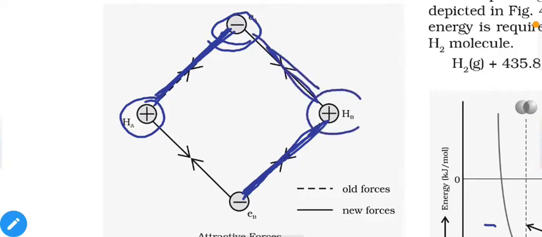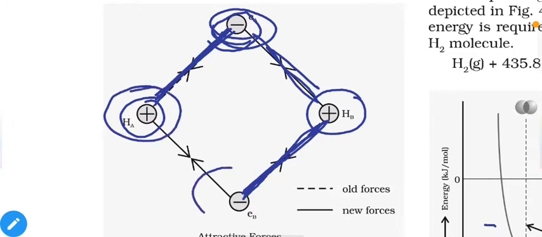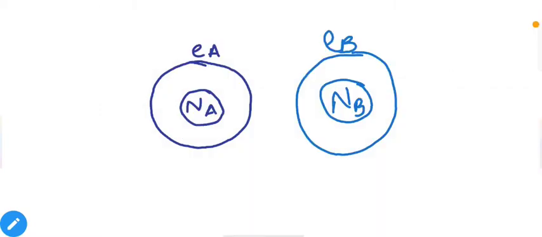That means the nucleus of the second hydrogen attracts the electron of the first hydrogen. Similarly, the nucleus of the first hydrogen now attracts the electron of the second hydrogen. So let us say these are the two different hydrogens, hydrogen 1 and hydrogen 2. The old attractions were between the electron and the nucleus of the same atom. Similarly, NB will attract EA.